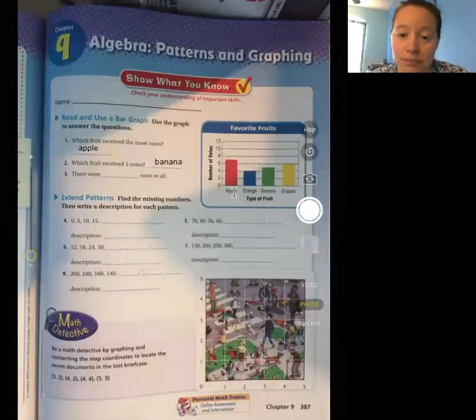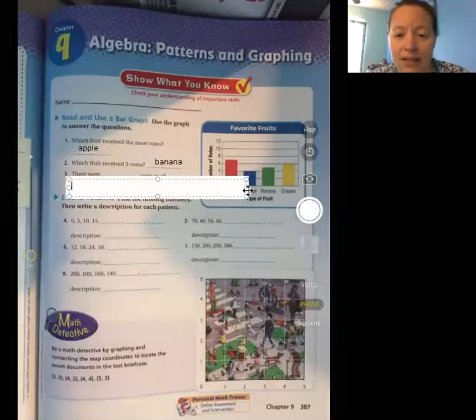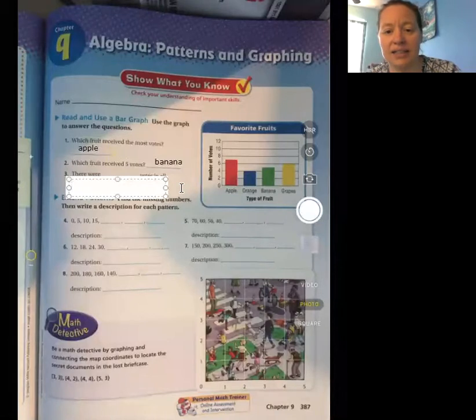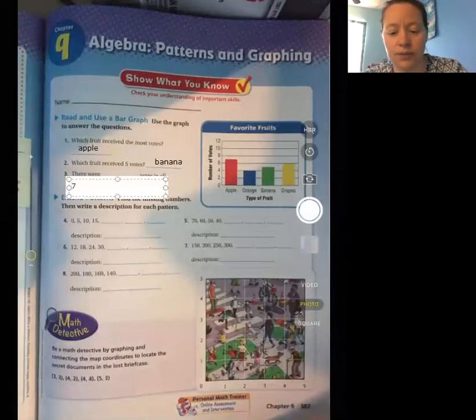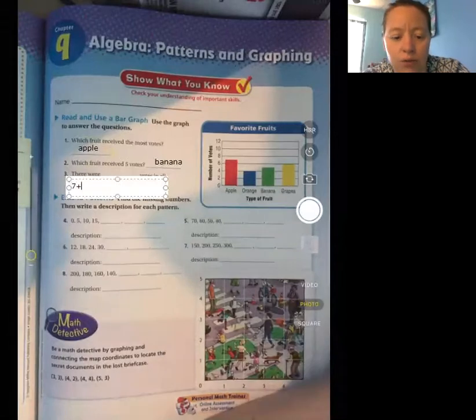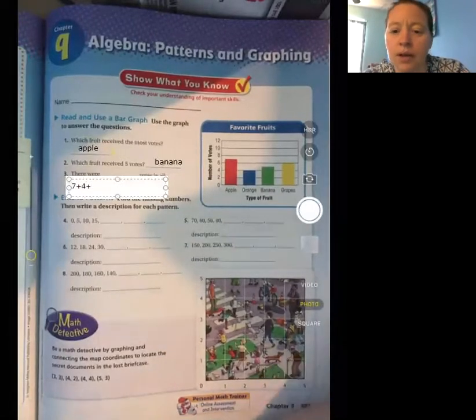Okay. So I have my apple had, let me make this smaller. Apple had 7 votes. Orange had 4 votes. Banana had 5 votes. And grapes had 6 votes.